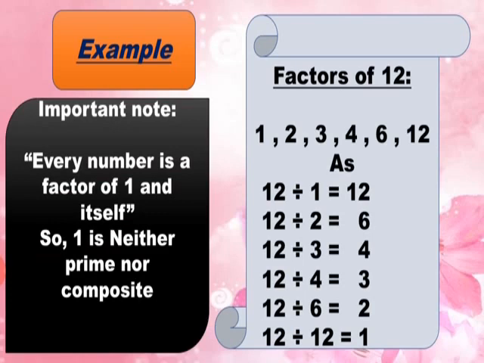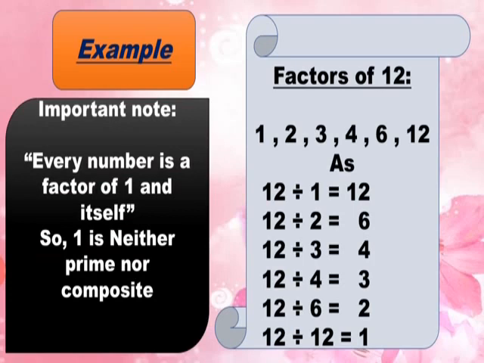Itself means 6. So number 1 is also a factor of every number. So 1 is neither prime nor composite. 1 ना ही prime number कहलाता है और ना ही composite कहलाता है.